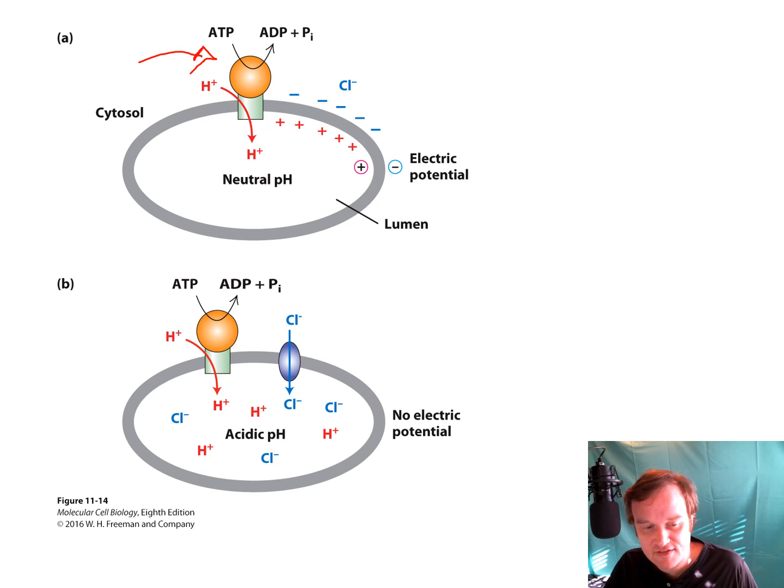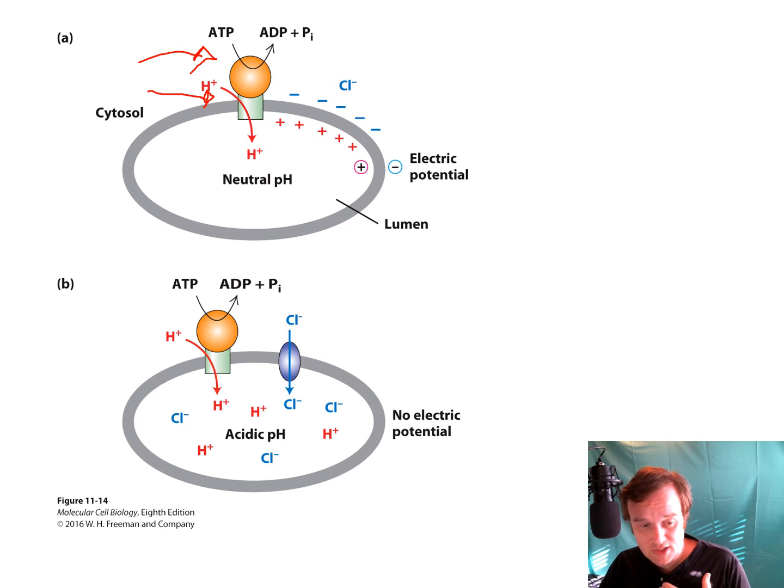And then we have this V0 transmembrane domain, which is this green square here. And this is the conduit that moves those hydrogen ions from the cytosol to the lumen of the organelle.